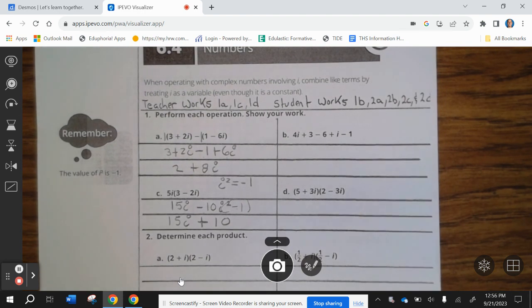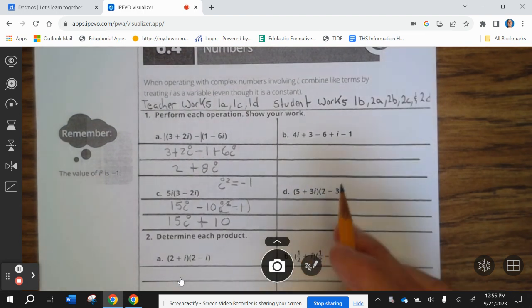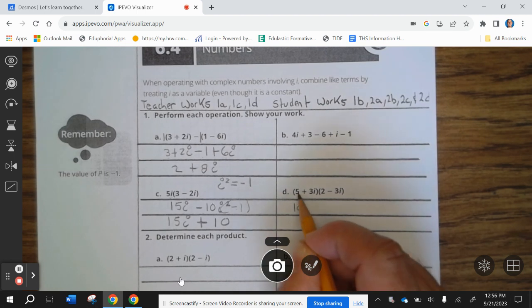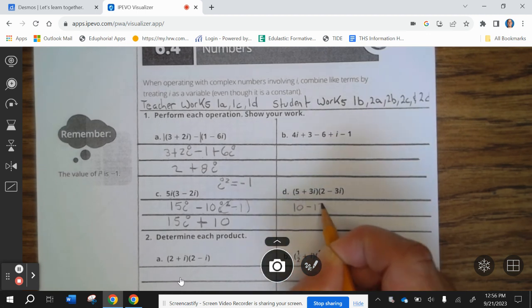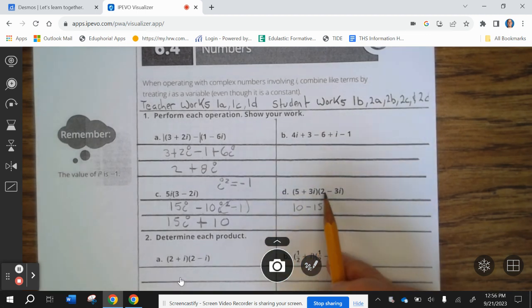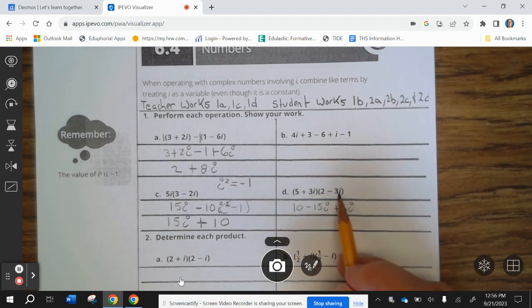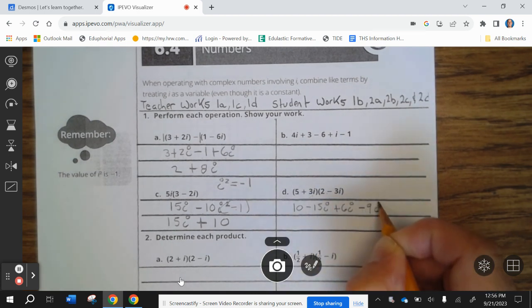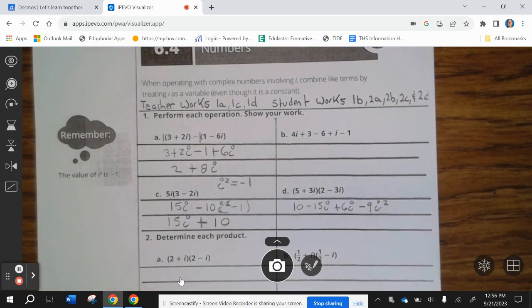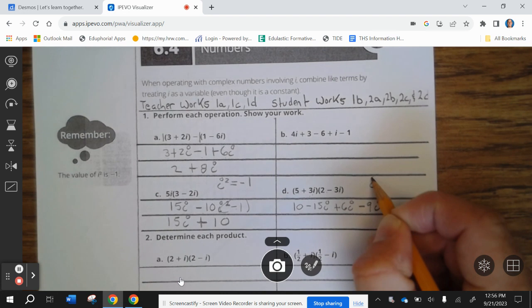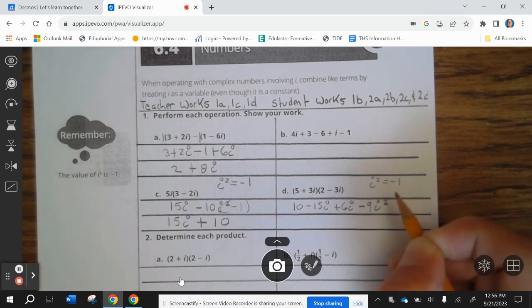And let's take a look at D. We use 4, so 5 times 2 is 10. 5 times negative 3i is minus 15i. 3i times 2 is plus 6i. 3i times negative 3i is minus 9 times i squared. Now, remember, i squared is negative 1.